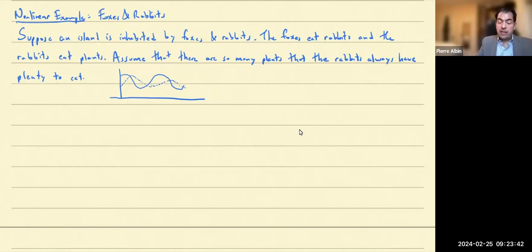So whenever there are many rabbits, then the number of foxes increases until they eat so many rabbits that there aren't enough rabbits to sustain the fox population. And so it starts decreasing, which allows the rabbit population to grow again. And so the cycle continues. Right, so let's model this.